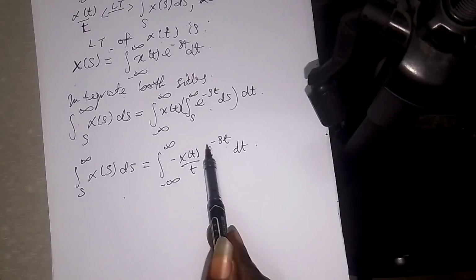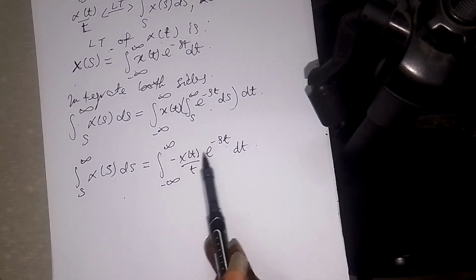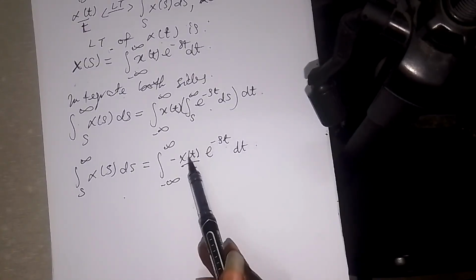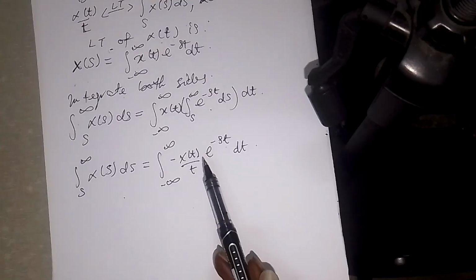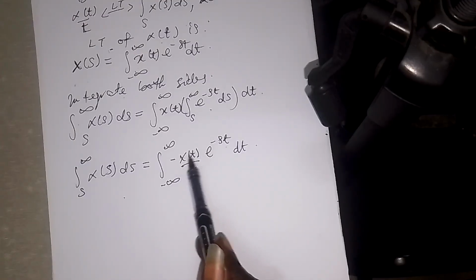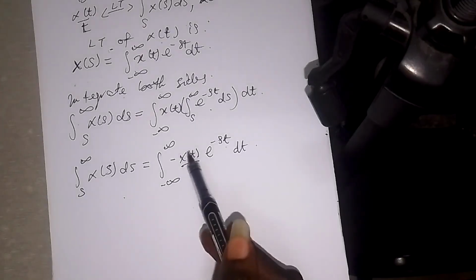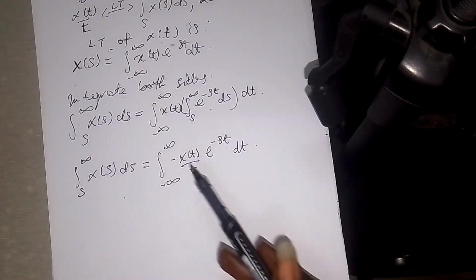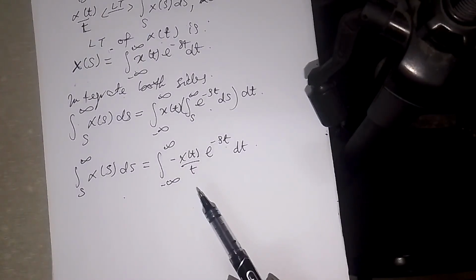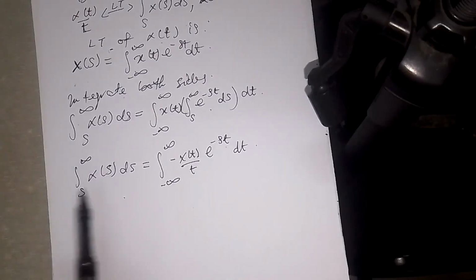And I know that x of s is the transform of x of t. So even if I repeat my x of t in the equation, it's the same thing as x of s, because it's the transform.